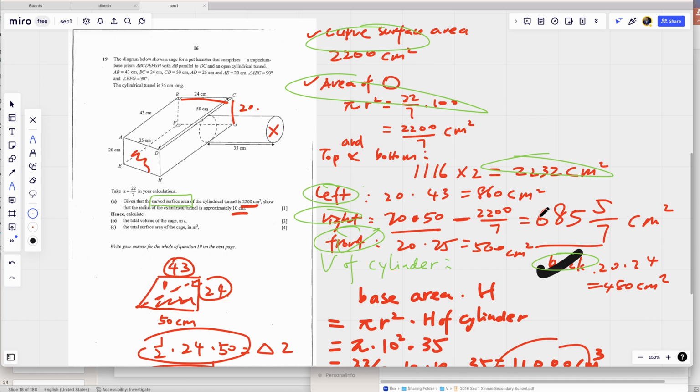Something is very funny here. I see two up already. So next time you need to erase your extra one, otherwise you will get penalized because I don't know which one to look at. By the way, you are supposed to show only one here, but we have two.